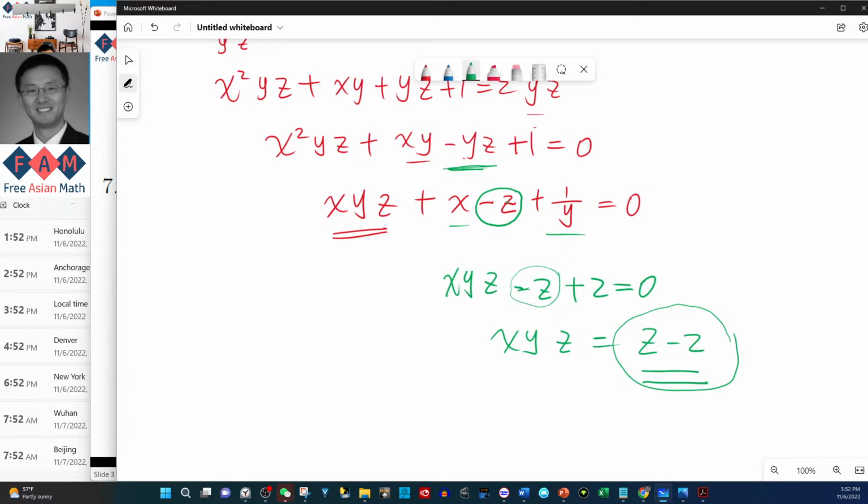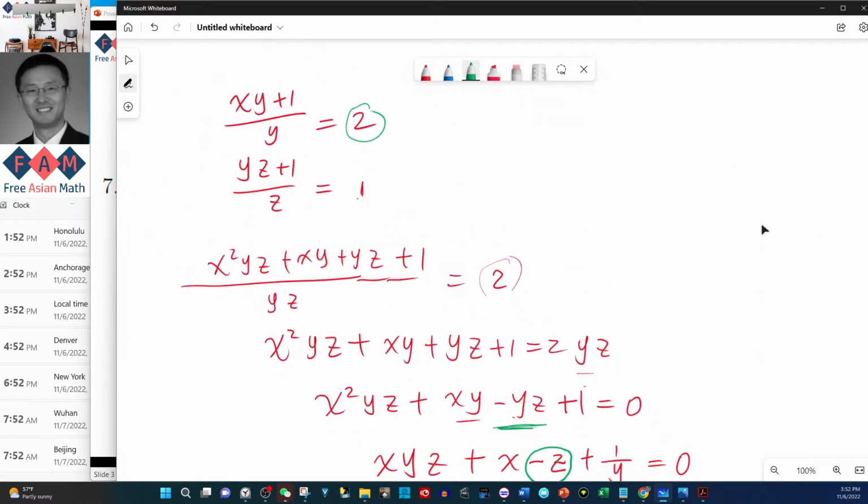However, do we have a unique solution for z? If we do have a unique solution of z, then this will be unique. But the answer is apparently no, because as we said, we have two equations but three variables. In general, there's no unique solution at all. We can just change one variable, say z can take any value.